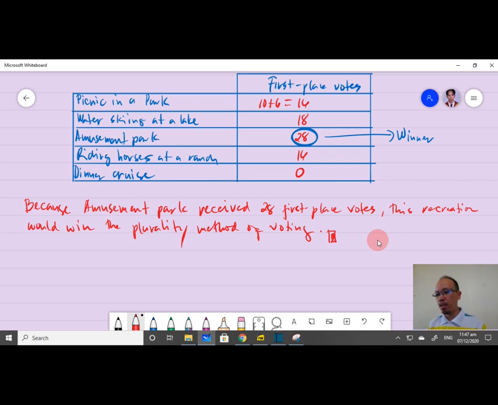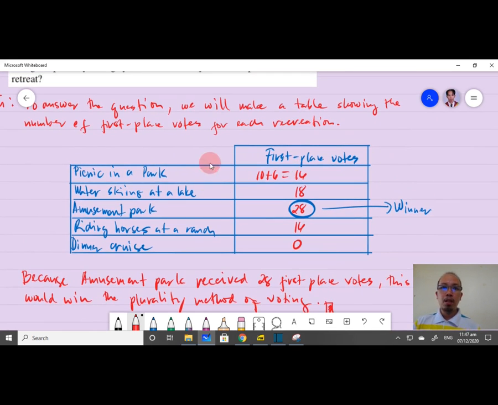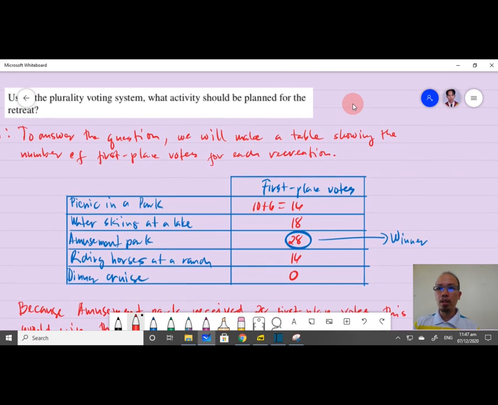Okay, so please do remember these two examples, example 1 and example 2, because we will be using them for the other methods.